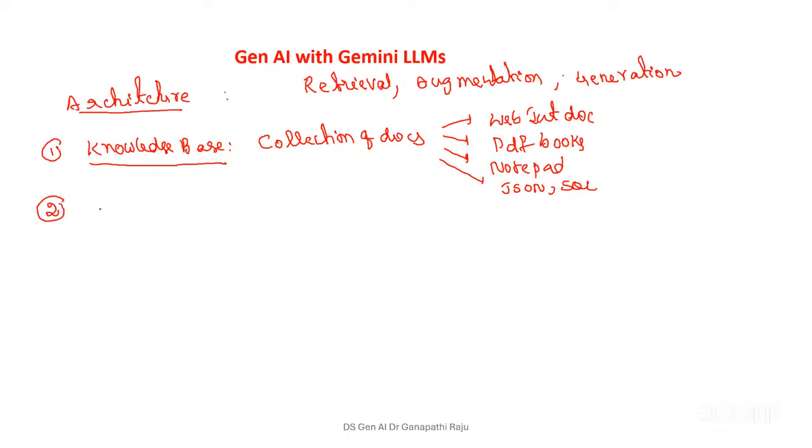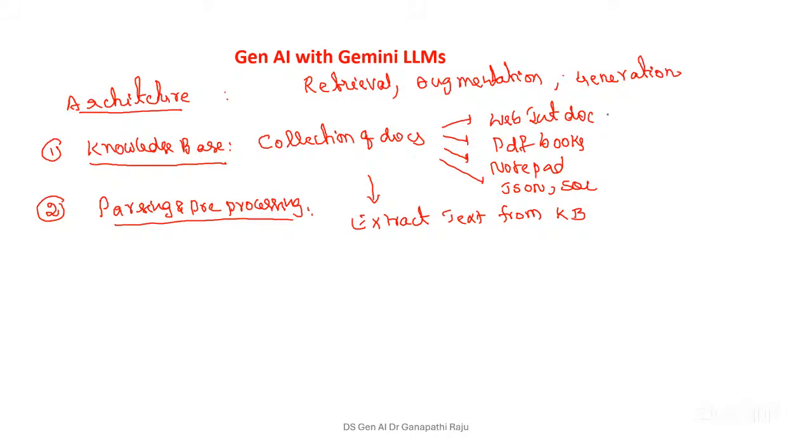The second one is called parsing and pre-processing. What is the meaning of parsing and pre-processing? Whatever data we are collecting, we need to extract text from the knowledge base.